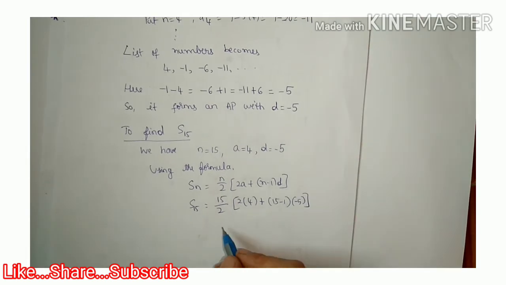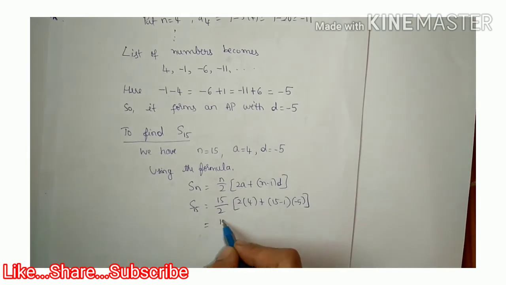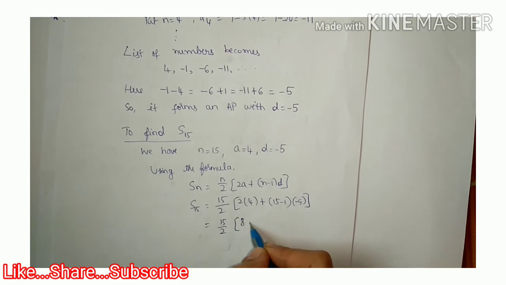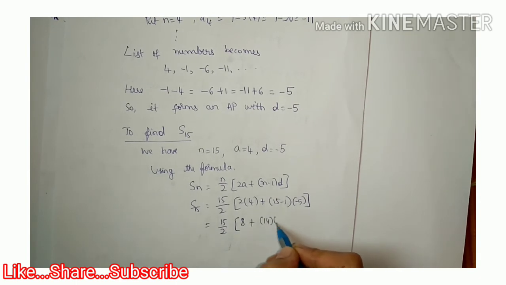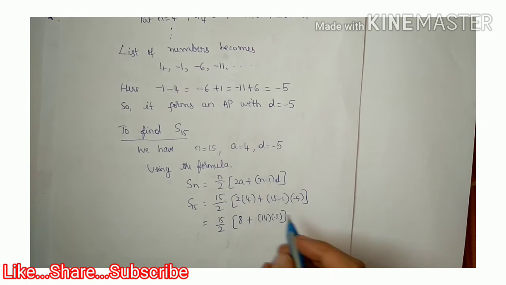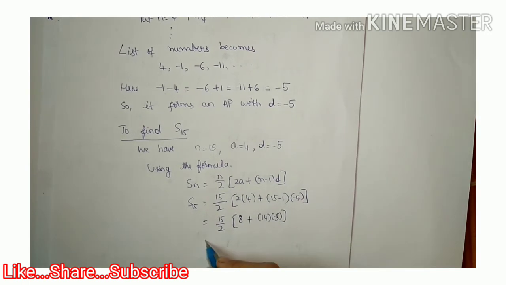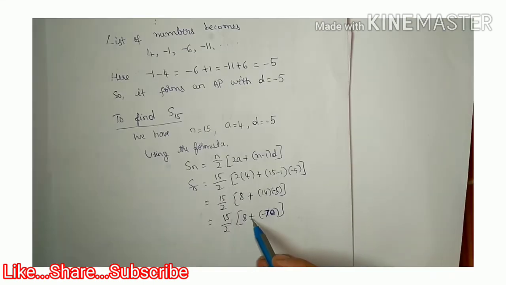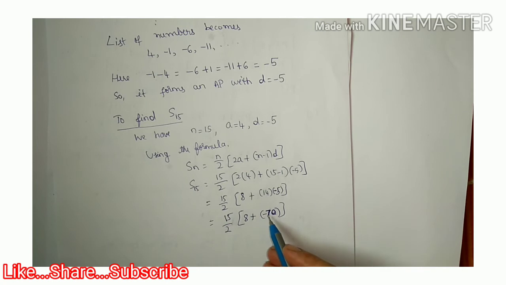Common difference is minus 5. 15 by 2, 8 plus 14 into minus 5. 14 into minus 5 is minus 70.